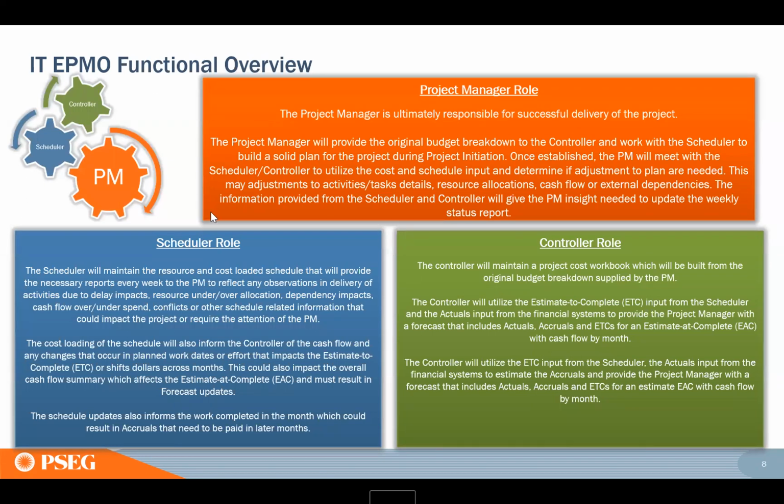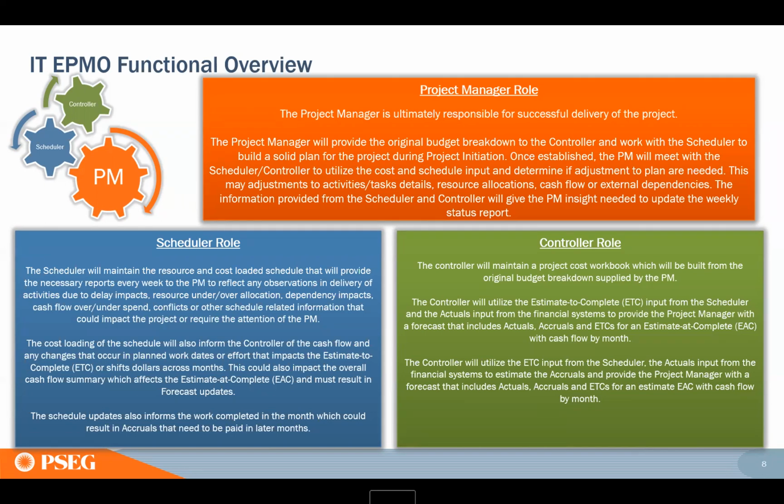So to talk a little bit about those three roles I just mentioned, which are key for project delivery. Your project manager is your ultimate responsible person for successful delivery of the project. The project manager understands the estimate that was put together and approved as part of the business case, and understands the benefits and the value that were articulated for this project in the business case, to ensure that we actually deliver that.